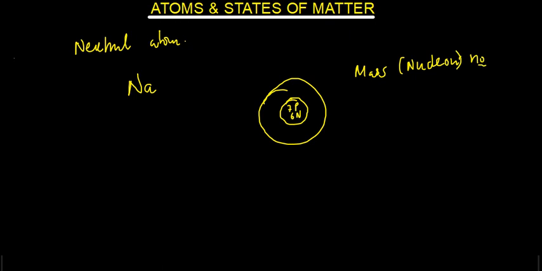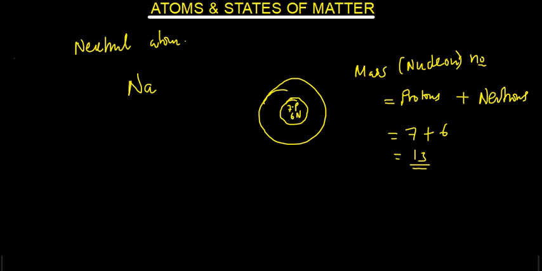So the mass number or the nucleon number is given by the number of protons plus the number of neutrons. Remember, these are the things which are in the nucleus. So for this one, 7 plus 6 gives us 13. This is going to be the mass number of this atom.